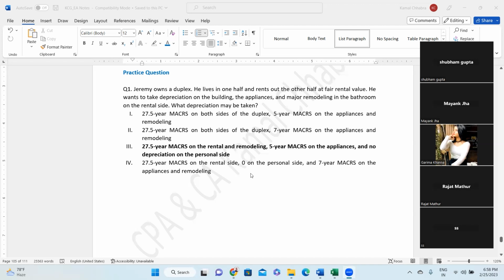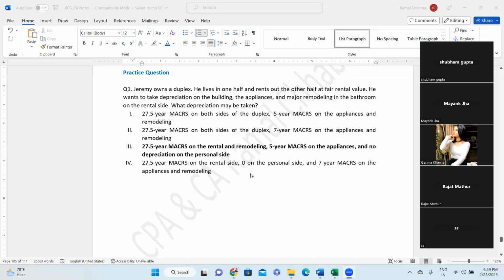Your personal side, you cannot charge depreciation on that. Personal property is not considered for depreciation purposes. So one thing is clear: the life we need to consider is 27.5 years, and we need to consider it for the rental area. Now, coming to the remodeling part.